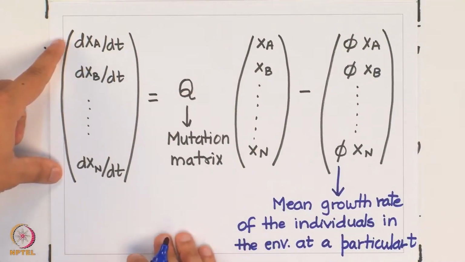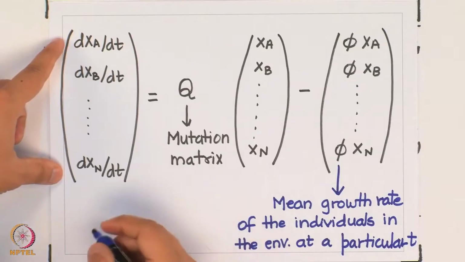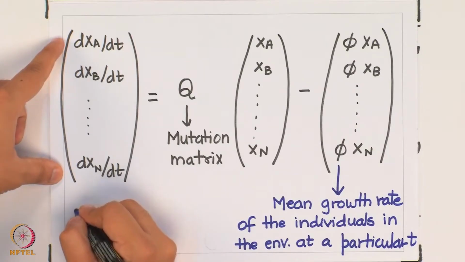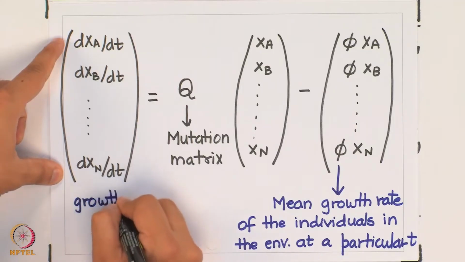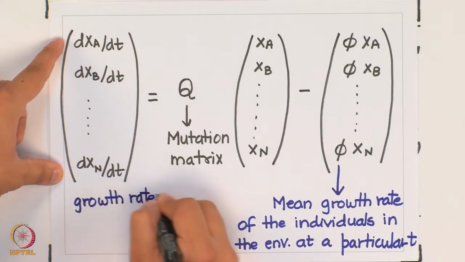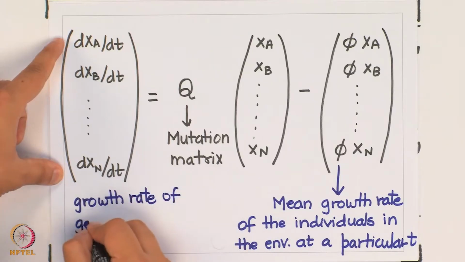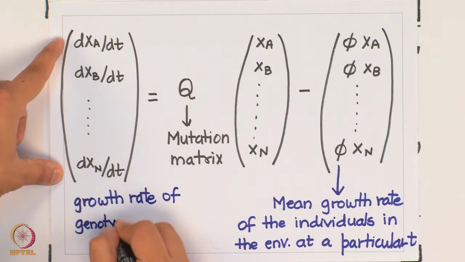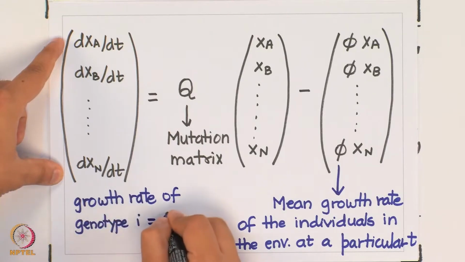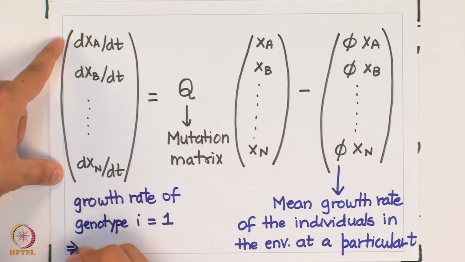And because, similar to the two species mutation that we were talking about, here also every single genotype is growing with a growth rate A. So since the growth rate of every genotype is equal to 1, that means the mean growth rate is also equal to 1.